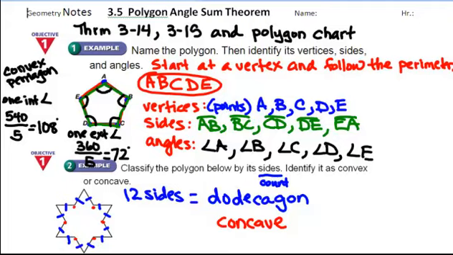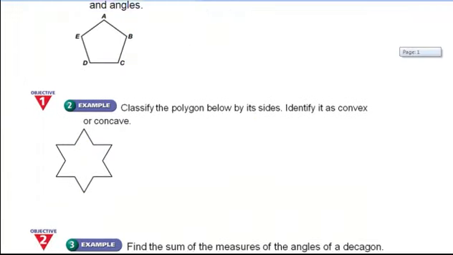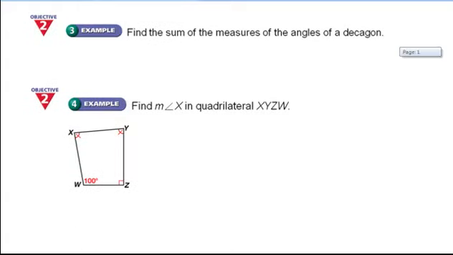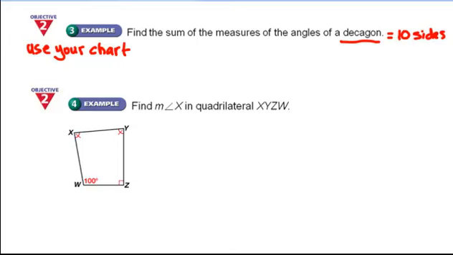All right, now we're going to clear my ink and scroll to the next examples. Example 3 says, find the sum of the measures of the angles of a decagon. Now, it didn't say the inside or the outside, the interior or exterior, so if it doesn't say, you assume they mean interior angles. The word decagon means 10 sides. The easiest thing to do is to use your chart. Just look up decagon or 10 sides, and it should tell you the sum of all the measures.